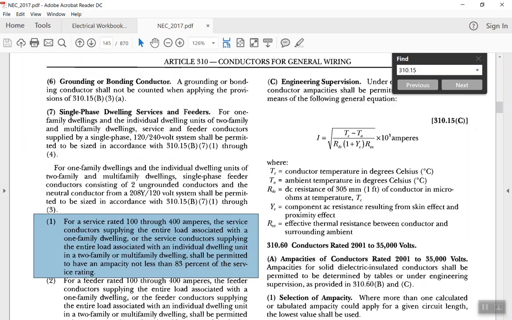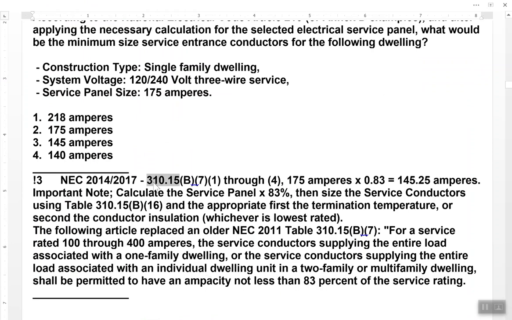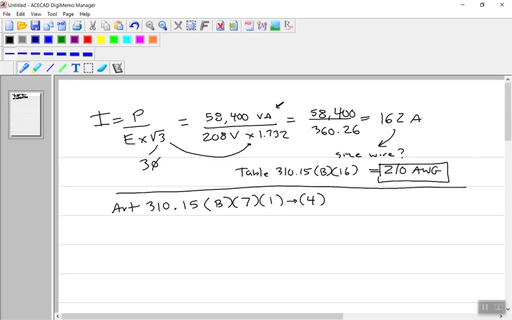And it's what we just read off. It's this article right here, 310.15(B)(7)(1) through (4). Go ahead and read them all. What it says is the math that we have in our notes here. We're going to put it in our notes. So we get the 175 amp service, and we multiply by 83%.